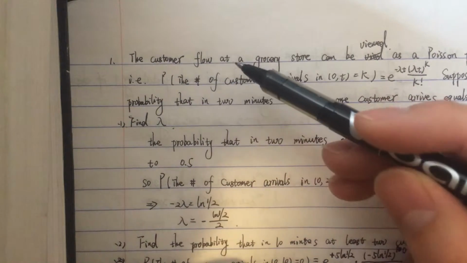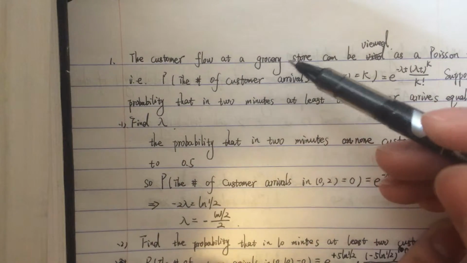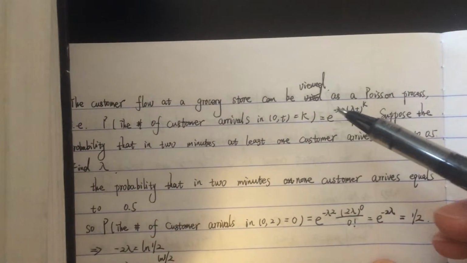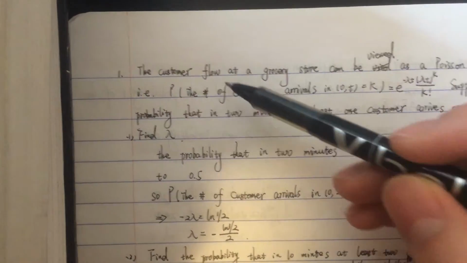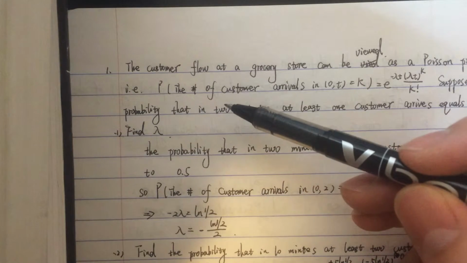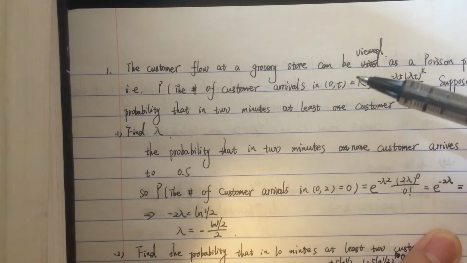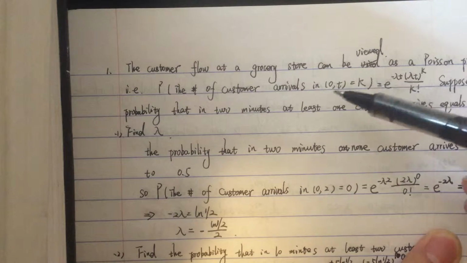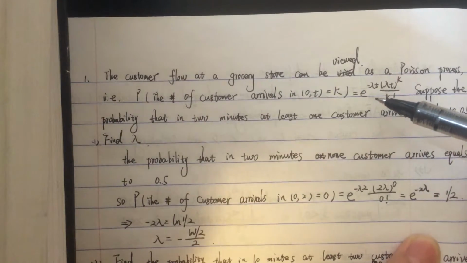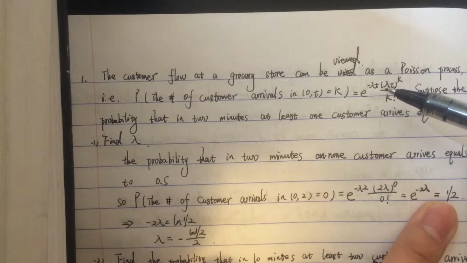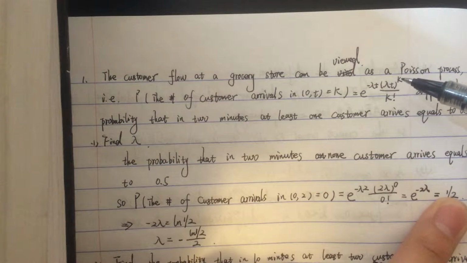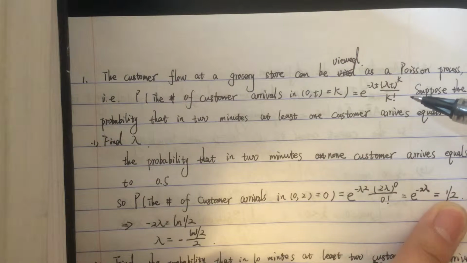The customer flow at a grocery store can be viewed as a Poisson process. That is to say, the probability that the number of customers arriving in time t equals k is e to the minus lambda t times lambda t to the k over k factorial.